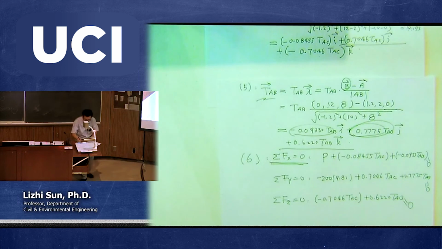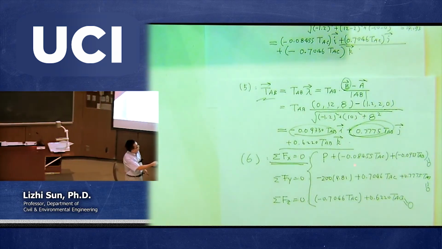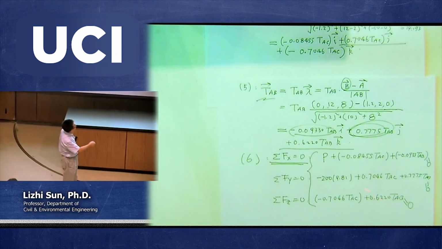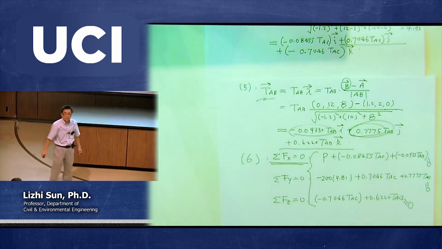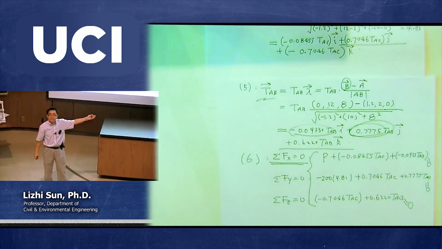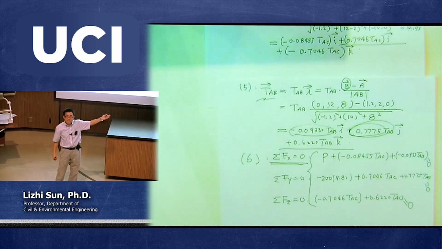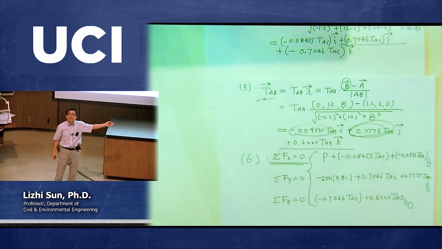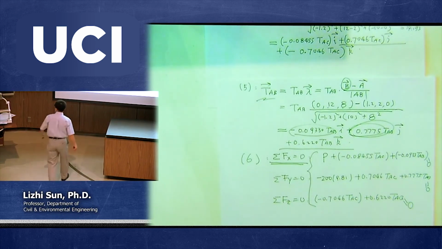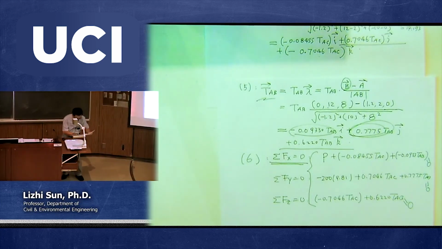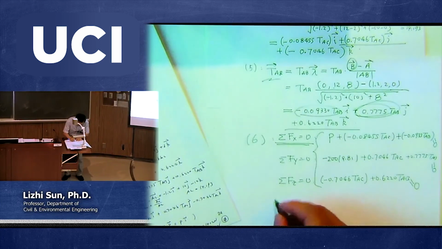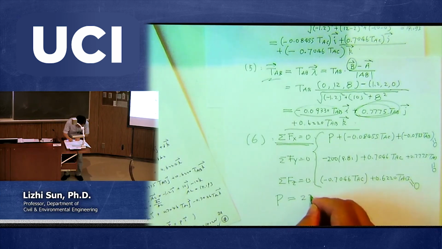Combining these three equations, now we just need to do the math, right? These are the three equations, 1, 2, 3. And how many unknowns? Number 1, number 2, number 3. That's perfect, right? So do your math, you get these three magnitudes. Let me just give you this one. Finally, after you combine those three, you end up with P equal to 235.